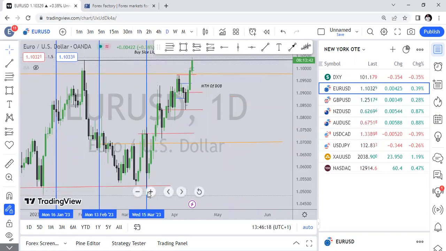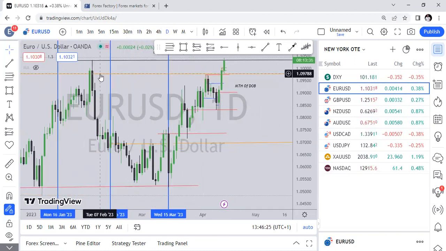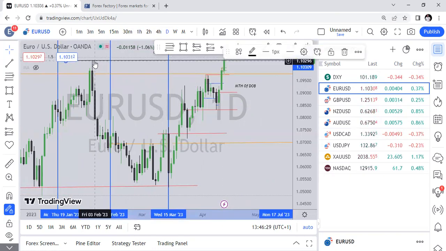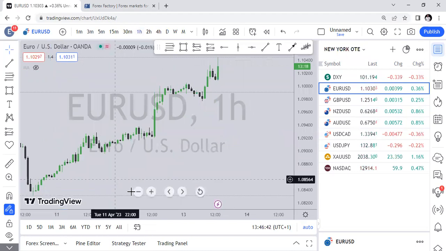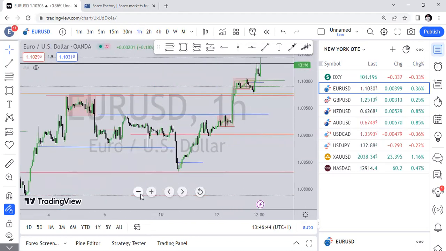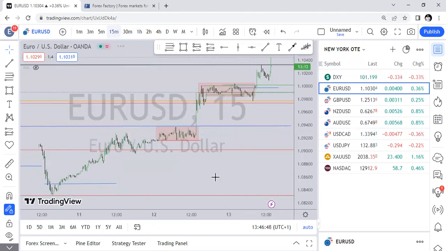I was tempted this morning to sell the USD around this point here. But when I saw that it was very close to a high formed by this previous daily high, I knew that by the end of today, especially with the release of this news, it was going to take out that liquidity.